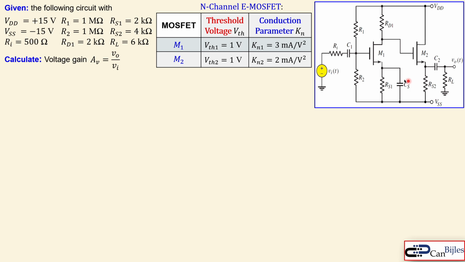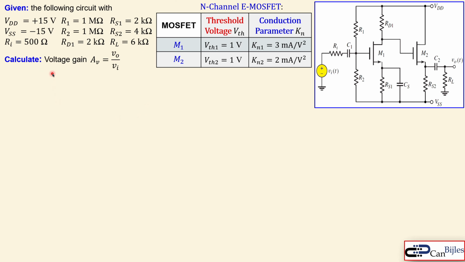Another capacitor CS is required to bypass the resistor RS1 in order to increase the voltage gain. It is a VDD and VSS supplied circuit, so it is a symmetric supply, 15 and minus 15 volts. We also see the values of the resistors here.